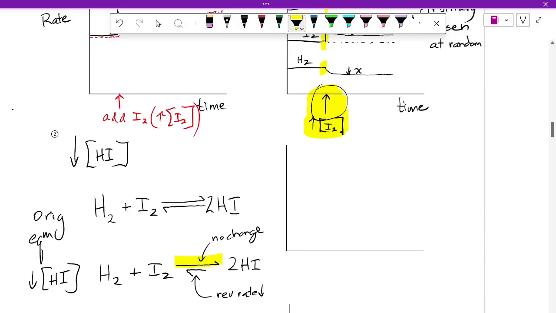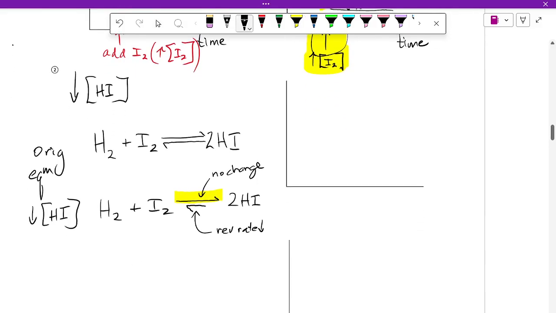If the forward rate is faster than the reverse rate, which way will the equilibrium shift? It will shift to the right. System will shift right.